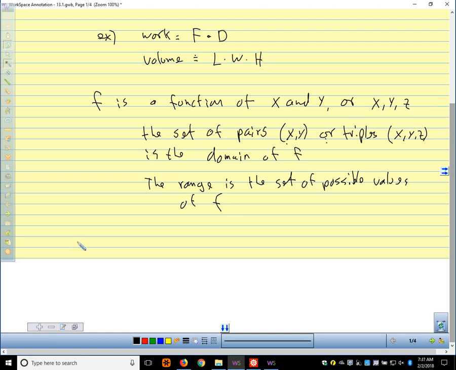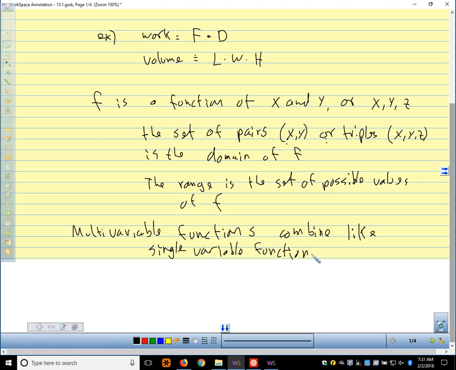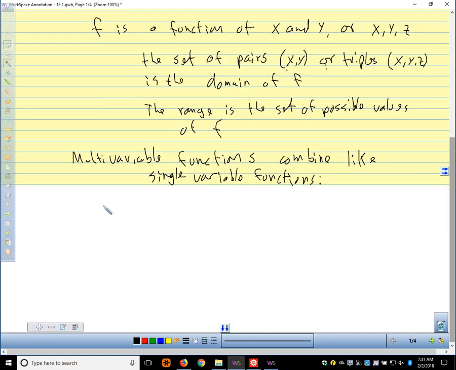And our multivariable functions combine just like single variable functions. So what we're saying here is that if we add two functions, f plus or minus g of x, y, I'm just going to write it in notation with two variables.